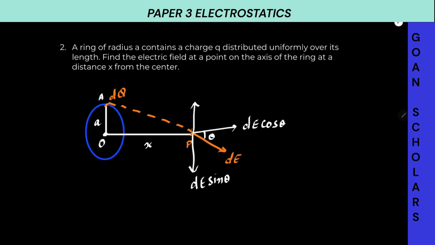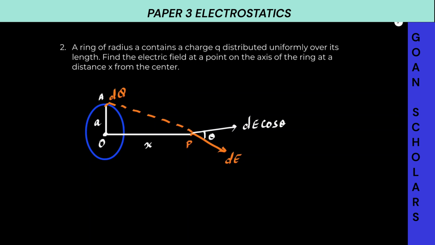These two components will cancel out each other. That's why we don't consider sin theta. We only consider cos theta, because all the cos thetas will add up, while all the sin thetas will cancel out because of opposite directions. Cos theta will be along the axis, while sin theta will be normal or perpendicular to it. I hope this is clear.